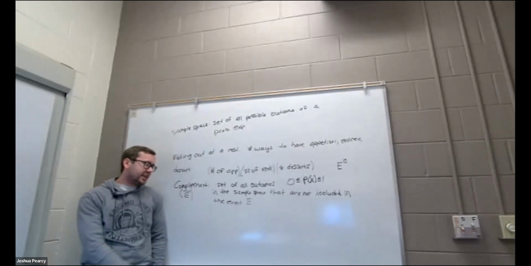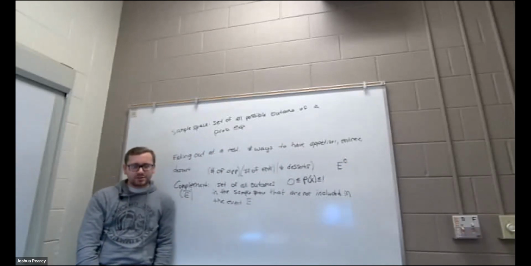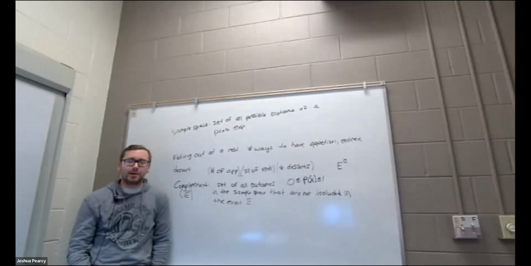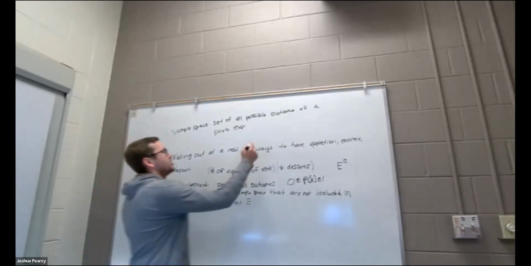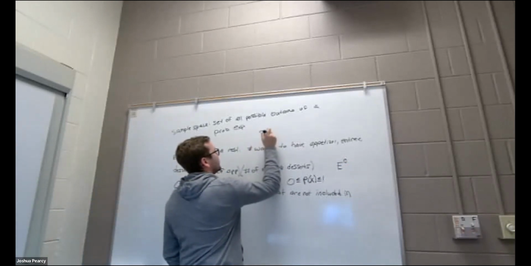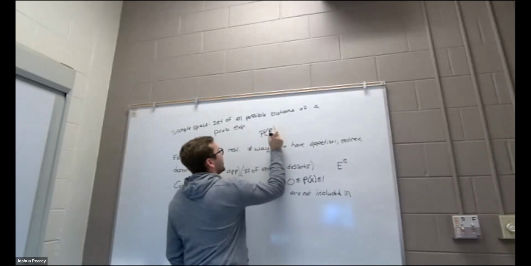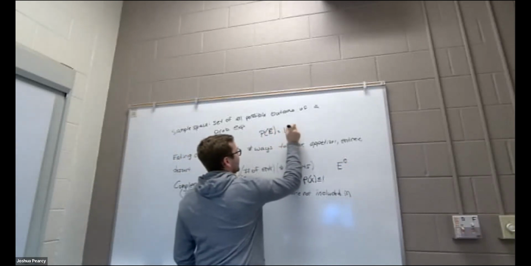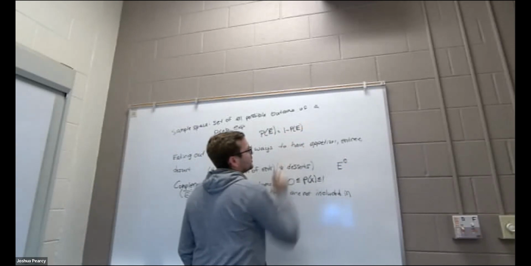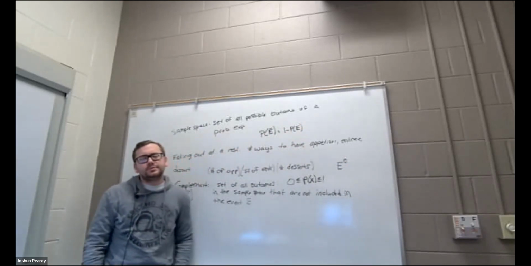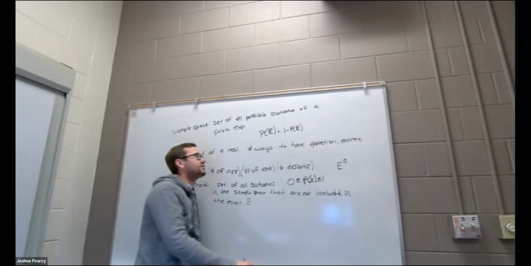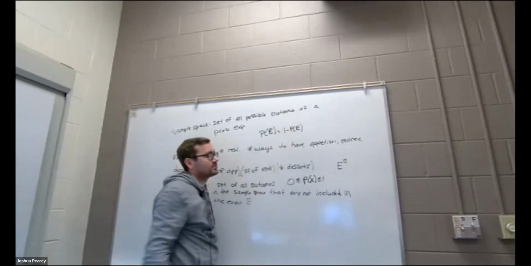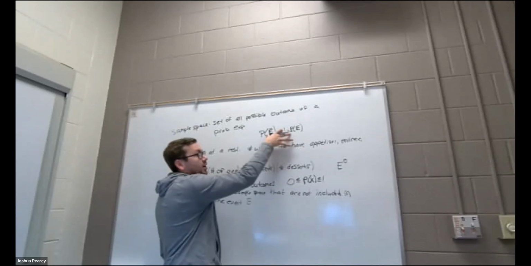So if I give you the probability that some event happens, you should be able to find the probability that the complement happens by taking what? Yeah, so the probability of E complement is equal to 1 minus the probability of E. You could also rearrange it to find the probability of E. It's just going to be the same thing, just swap these two.